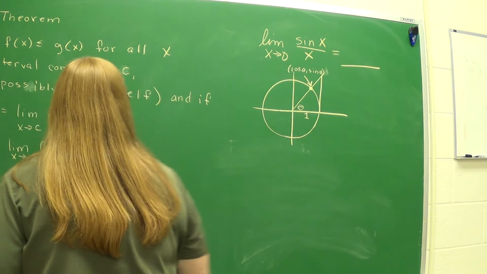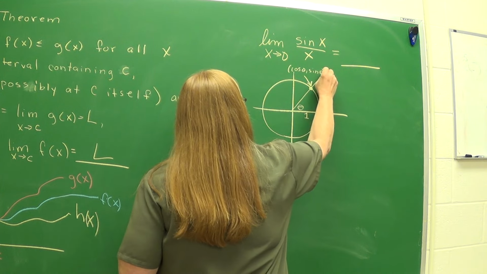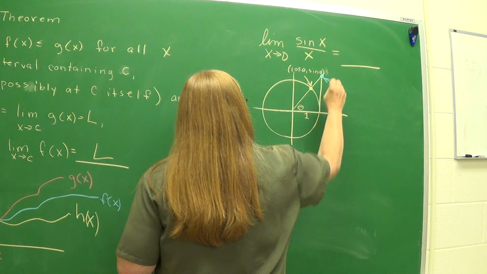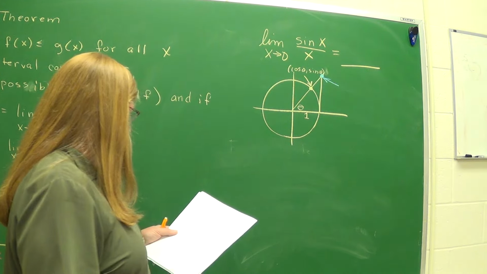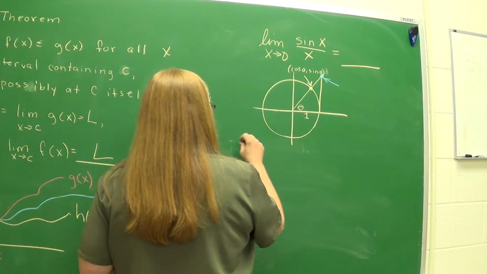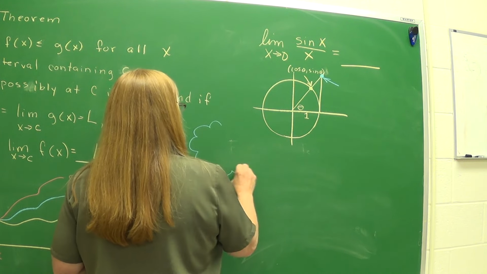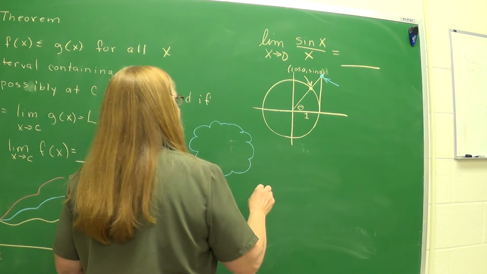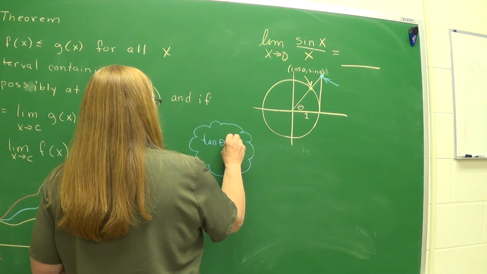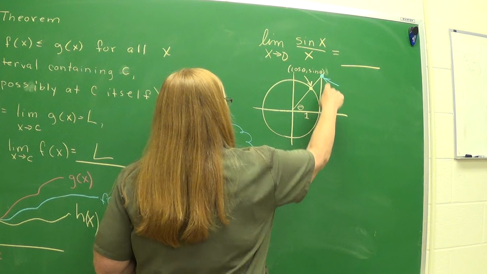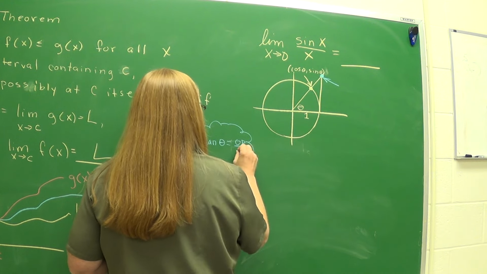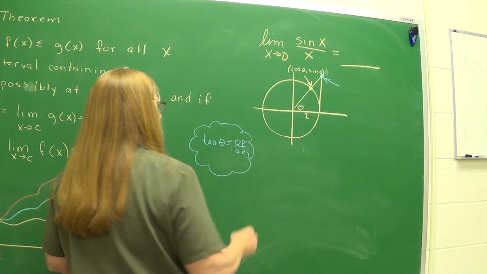Now I need this point. Let's think about it. Over here in our thought cloud, we have the idea that the tangent of that angle is the side opposite over the side adjacent. One of these we already know.